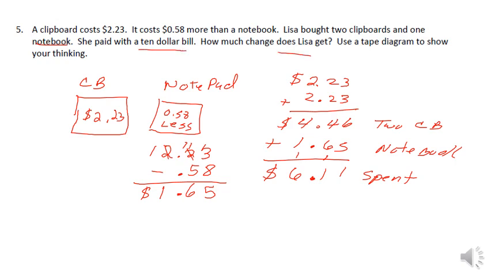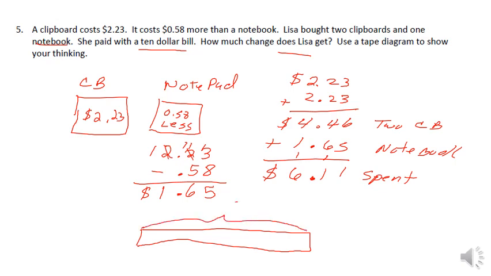Wants to know how much change. So now if I had this tape diagram and this total on top, that would be my $10 that I paid with. And then I'm going to portion this off, and I know this is what I spent, which happens to be $6.11.